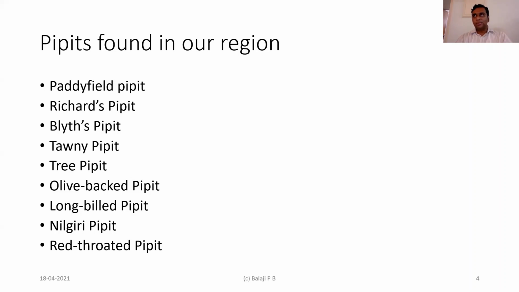Earlier the red-throated pipit used to be seen in the Andaman Islands, but not on the mainland. But in the last few months we have had reports almost simultaneously from Bangalore, the Hesarghatta grasslands, and also from the Upper Bhavani biosphere. So I thought we should include that as well.